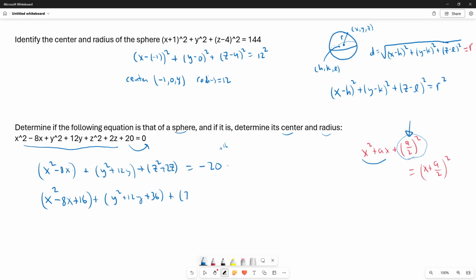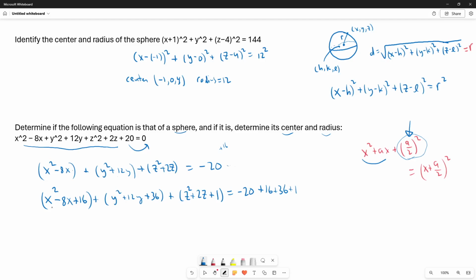And then z² + 2z, take half of the coefficient of z, which is 1, square it, still 1, and add it on. So on the right side we get −20, add 16, add 36, add 1.